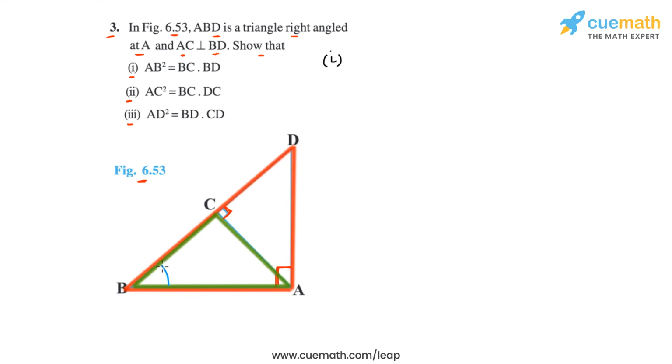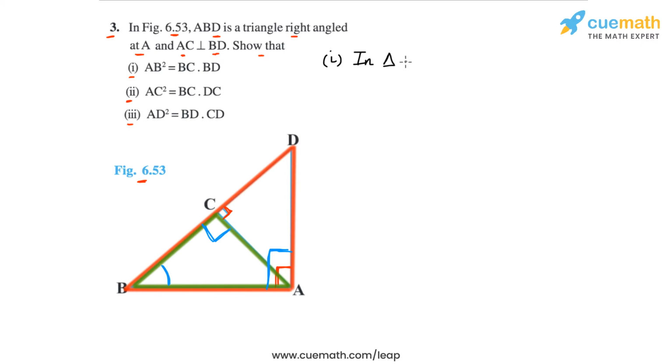Well, this angle here is common to both the triangles, and in the big triangle, in triangle ABD, we have this angle as 90, and in the smaller triangle CBA, the angle at C is 90. So we can apply the AA similarity and show that the two triangles are similar. So let's do that.